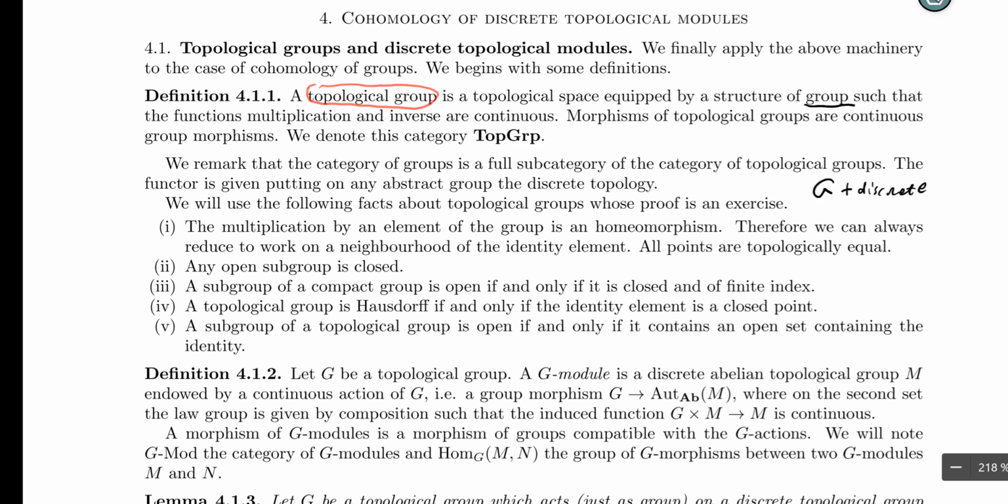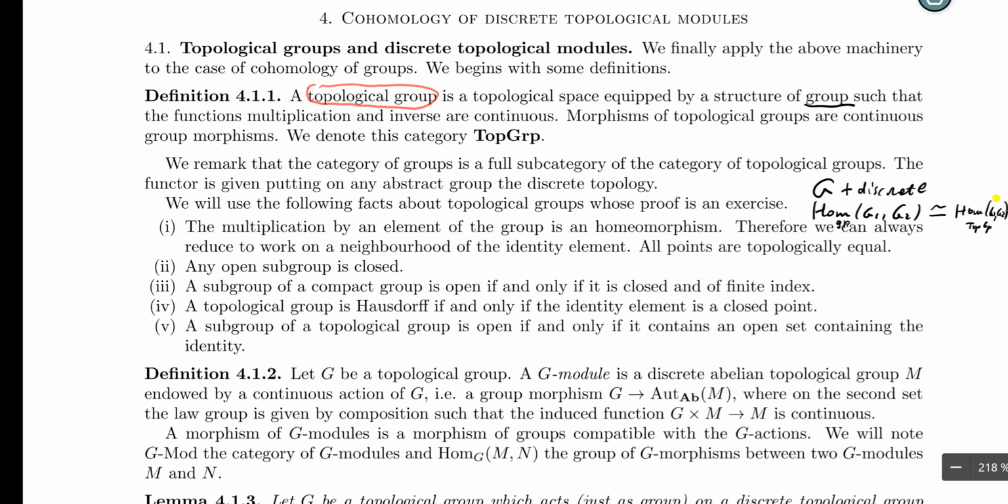Because this is a subcategory of the category of topological groups, and it is a full subcategory, it means that the homomorphisms as a group are in bijection with homomorphisms as topological groups. Since a homomorphism of the category of topological groups has to be a group homomorphism first, but then has more conditions to be continuous as a topological space.